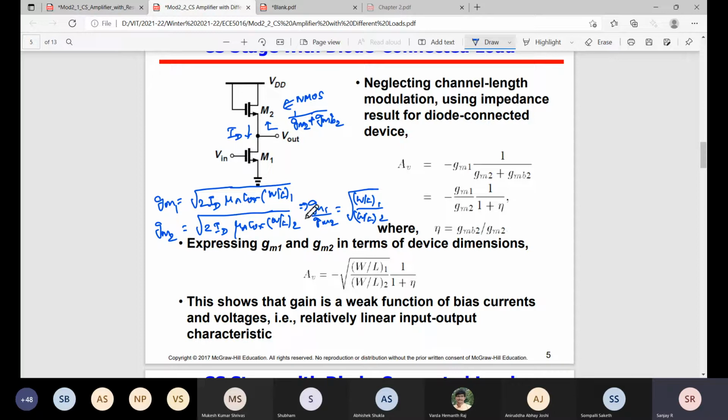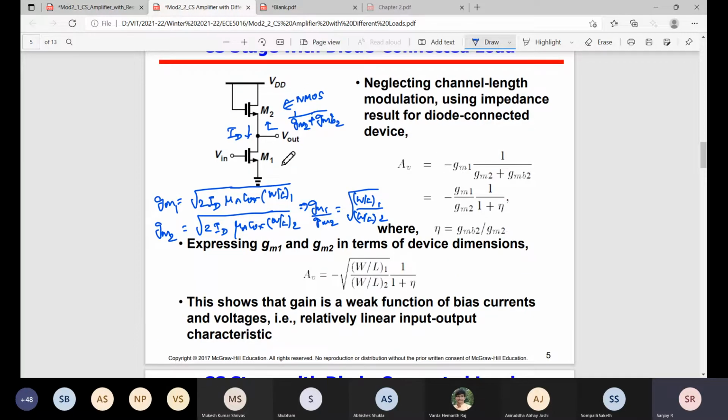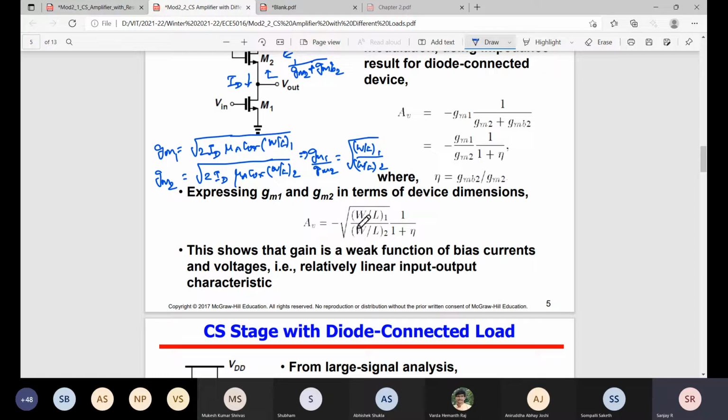Is it clear? So I can express the gain as root of W by L1 by W by L2 into 1 over 1 plus eta. Now you can see the ratio is only dependent on the transistor sizing. We will not vary transistor sizing much because we will fix the overhead. Even though it is a root only, it is a very weak function.